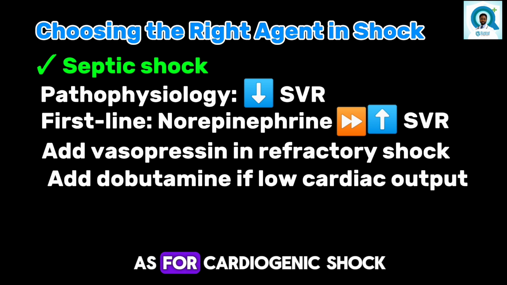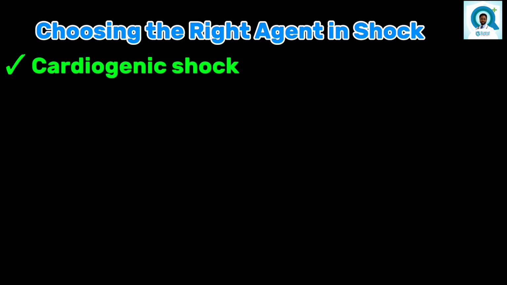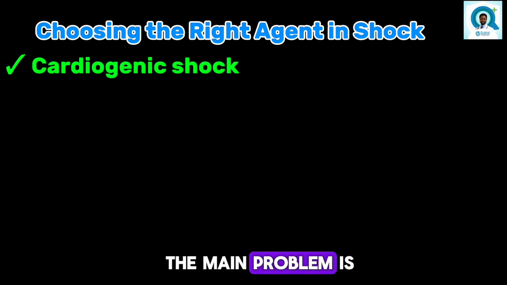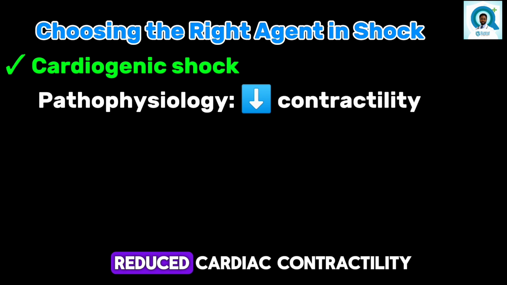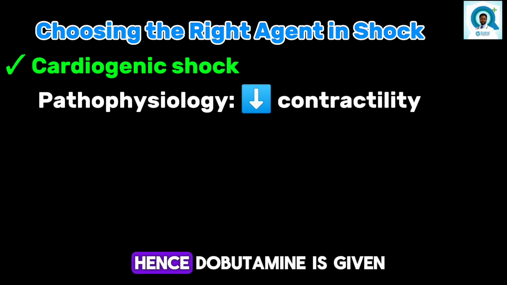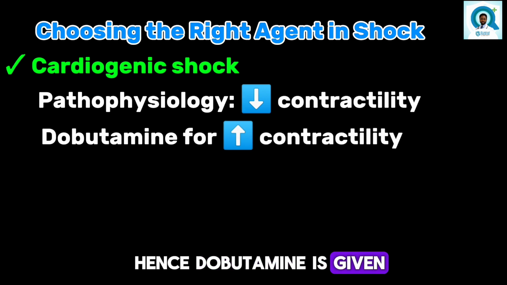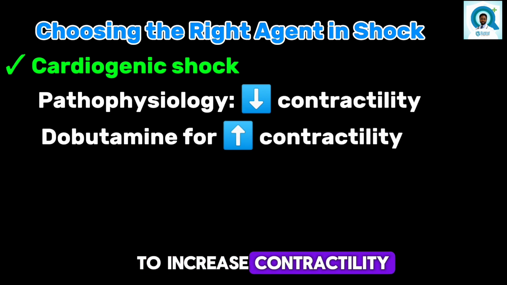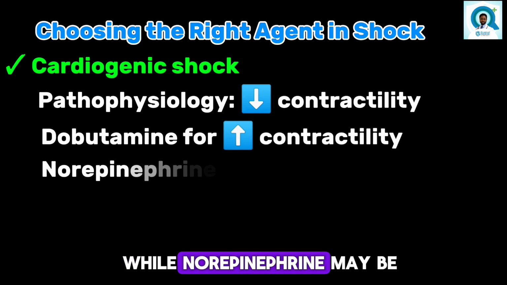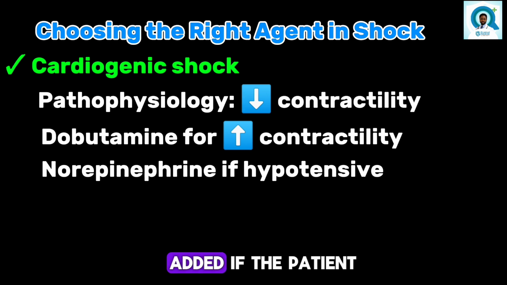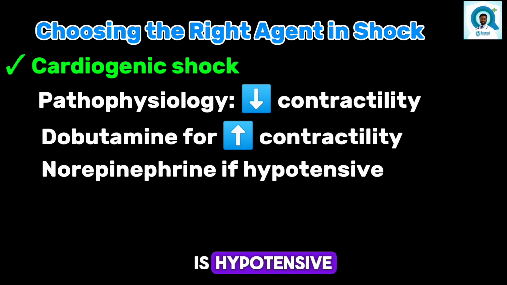As for cardiogenic shock, the main problem is reduced cardiac contractility. Hence, Dobutamine is given to increase contractility, while norepinephrine may be added if the patient is hypotensive.